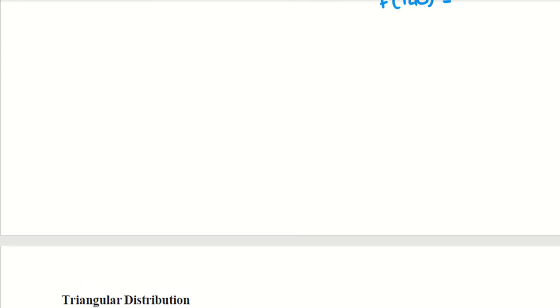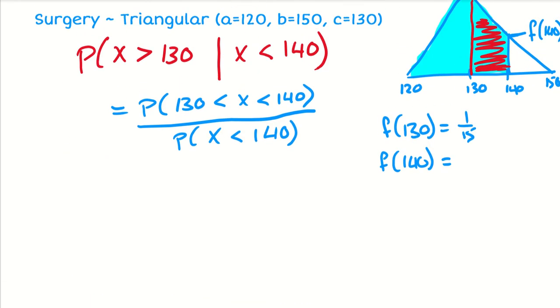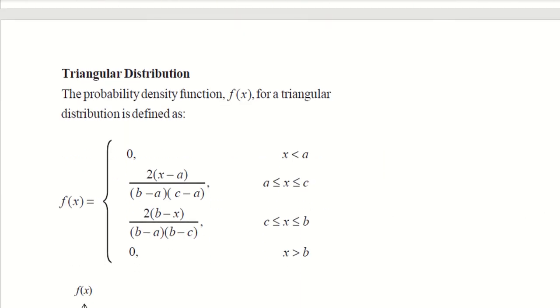And if we look at our value of 140, our 140 is on the right-hand side of the triangle. So it's between C and B. So that means, in terms of the formula, I want to use the formula that's between C and B. So this is the formula I'm going to use to work out the height.